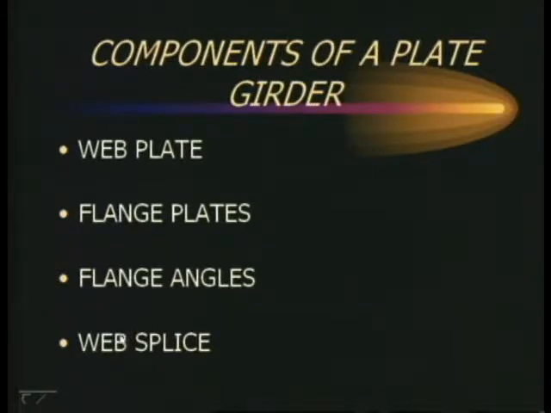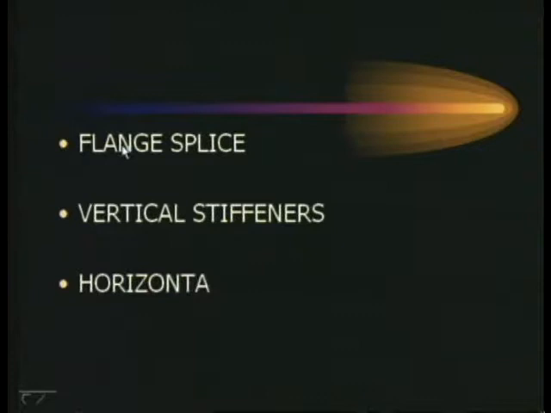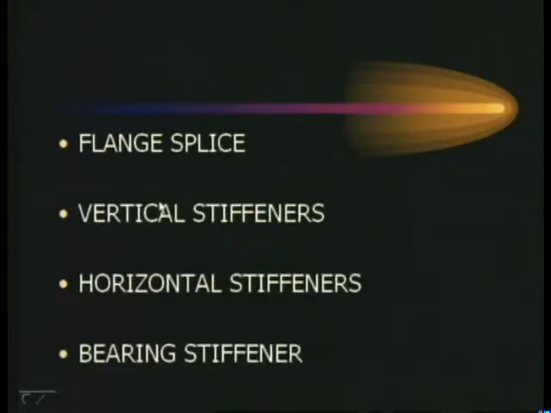Here we come across a new term, web splice. I shall tell you what a splice is. We have flange splice, vertical stiffeners. You can write down horizontal stiffeners and bearing stiffeners. We shall now discuss the various components in detail.